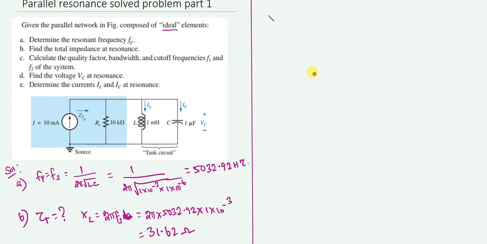Now I want to find out the value of XC. Okay, so here itself they give at resonance. So therefore at resonance XC which is equal to XL, so the value of XC which is equal to 31.62 ohm. And moreover the total impedance which is equal to square root of R square plus the whole square of XL minus XC.